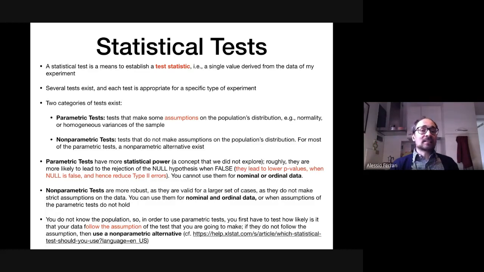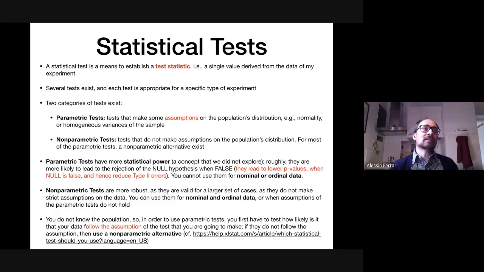A statistical test is a means to establish a test statistic, which is a single value derived from the data of my experiment. This we already know. There are several tests, and each one is appropriate for the specific type of experiment. So the choice of the test will depend on your design. There are two main categories of tests: parametric and non-parametric tests.